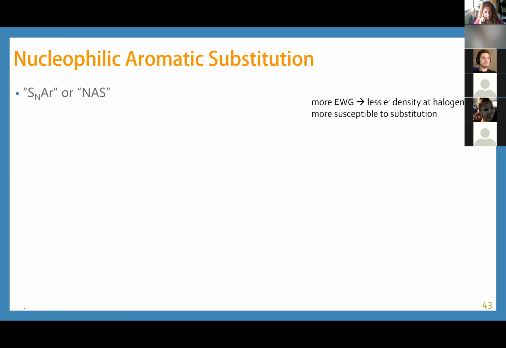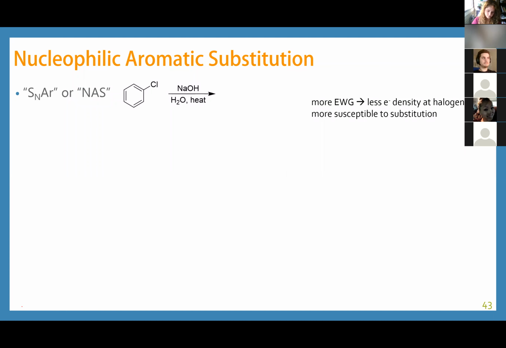So the shorthand for nucleophilic aromatic substitution, usually I use NAS because it mirrors EAS, the name for electrophilic aromatic substitution, but sometimes people call it SNAr so that it mirrors SN1 and SN2. But both of these shorthands mean the same thing. You're talking about nucleophilic aromatic substitution.